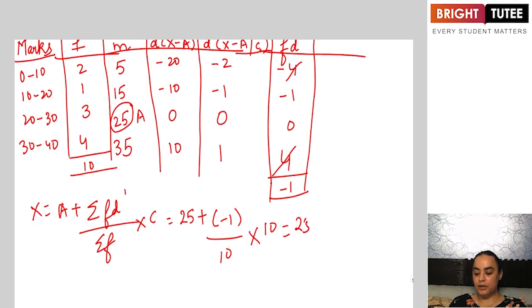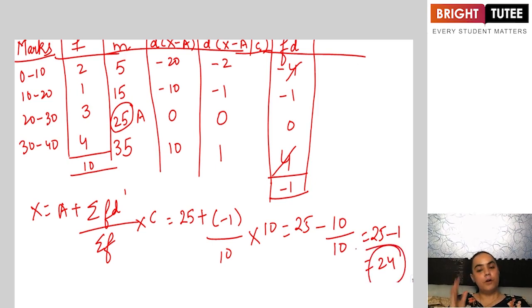This is nothing but 25 minus 10 into 1 is 10 upon 10. 25 minus 1, which is 24. So the formula for the direct method, the step deviation, as well as the assumed mean method in the continuous series also remains the same.